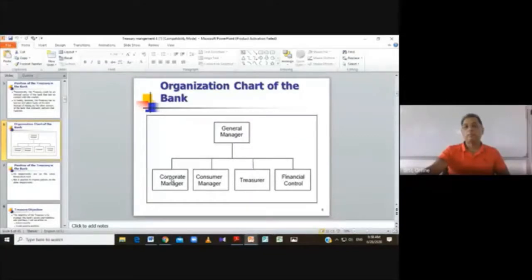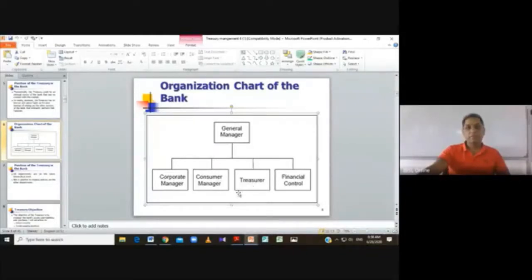This guy will always want to lend to his corporates. He will always want to make sure he gets the best deal for his borrowing clients. The treasurer will say, no, I don't think lending to company Y at 15% is efficient, because I can lend to the government of Sri Lanka also at 15%, which is a better risk for us. So we should be lending there instead of here.